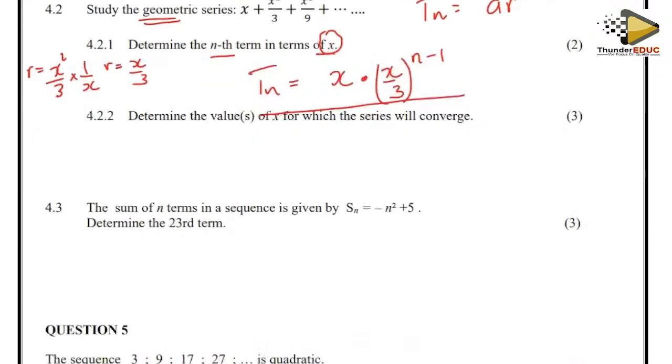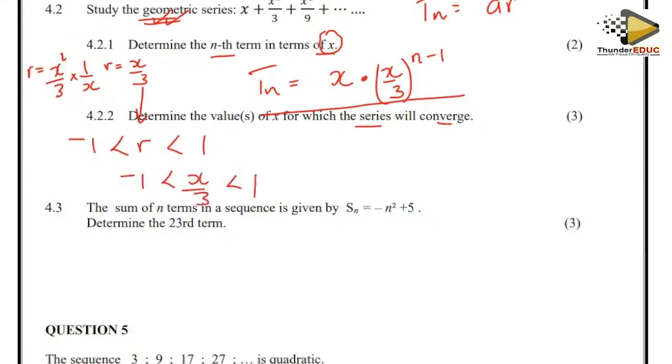Then 4.2.2, determine the values of x for which the series will converge. So we said for a series to converge, it has to be geometric, which is now correct. And then we need the condition, which is -1 is less than the common ratio, which is less than +1. But our common ratio was x over 3. So let's do the replacement. So -1 is less than x over 3, which is less than 1.